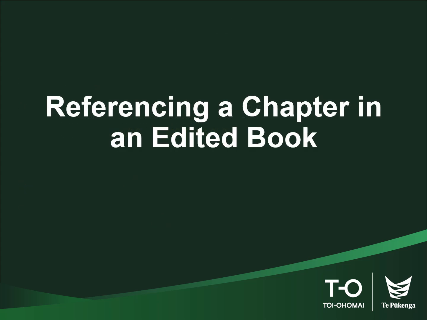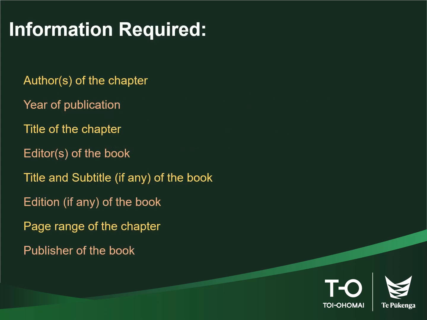Referencing a book chapter in an edited book, where each chapter is written by a different author or authors. To reference a book chapter, we need the following information: author or authors of the chapter, year of publication of the book, title of the chapter, editor or editors of the book, the title of the book and a subtitle if there's any, edition of the book if there's any, page range of the chapter, and the publisher of the book.